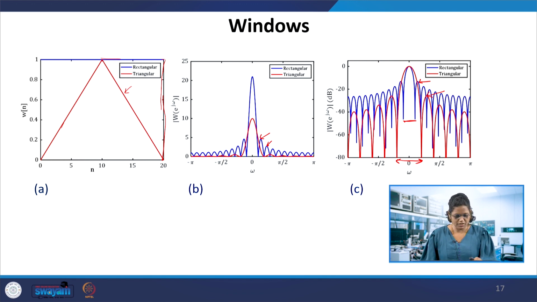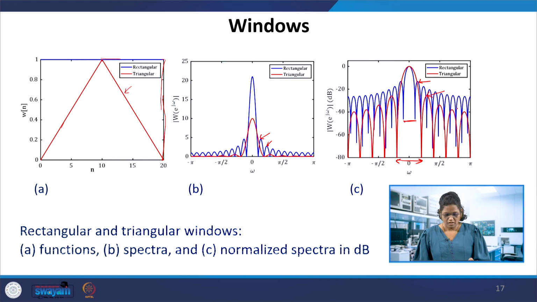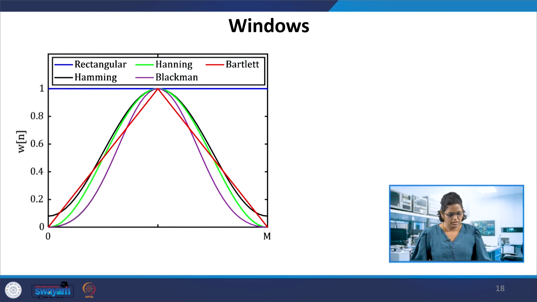So the characteristic of the window is that as we taper, with smoothening of the window instead of truncation, the main lobe width increases and the side lobe level gets reduced. This is well known. This is the function, this is the spectra, and this is the normalized spectra. These are the different window shapes we can have.